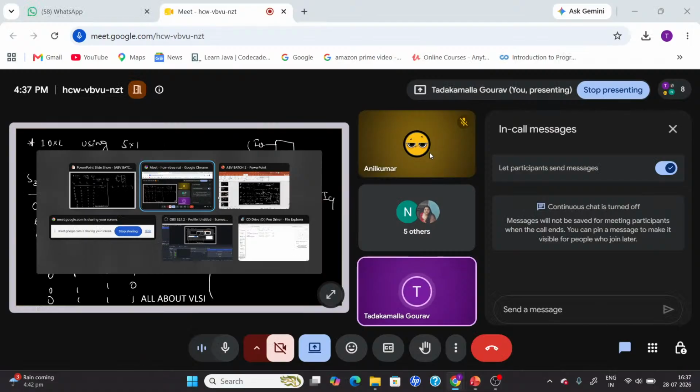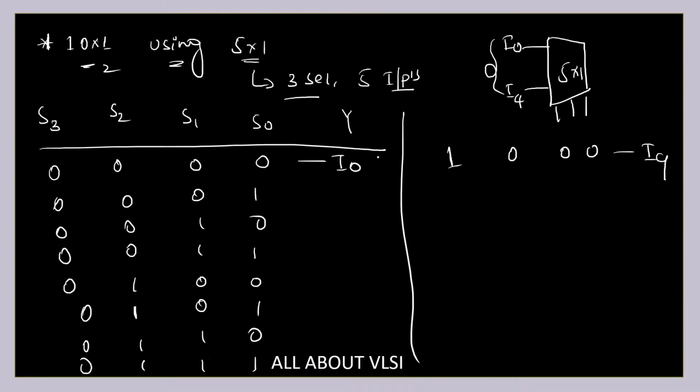Okay. Now, I need to find out the combination so that I can come up with the 10 cross 1 mux. So here I can see for a 5 cross 1 mux, I'm not going to consider this S2, I'm only going to consider this S1 and S0 so that I can have this combination 0, 0, 0, 1, 1, 0 and 1, 1. So that it is basically covering 4 combinations.